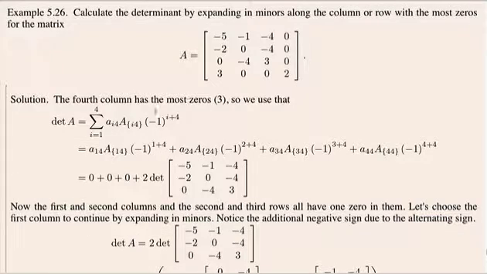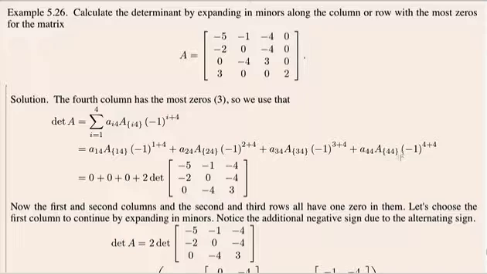Because the entries in the fourth column are zeros except the 44 entry, what we have here is 0, another 0, another 0, and from a44 we have 2.